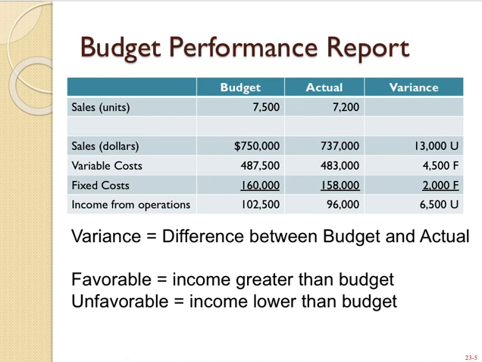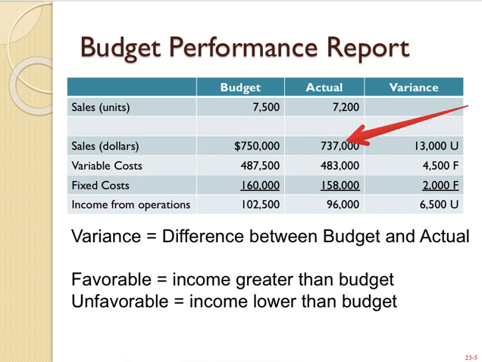And for businesses, they always want to make more money. So anything that causes us to make more money is going to be favorable. Anything that causes us to not make as much money is going to be unfavorable. So for example, here you see, well, our sales was lower than our budget. Well, that results in unfavorable because it means we're not making as much money as we thought.